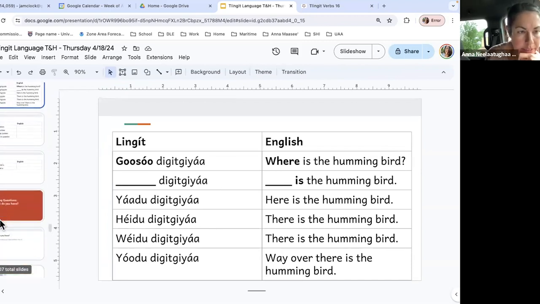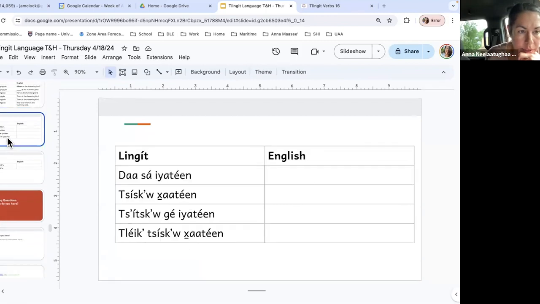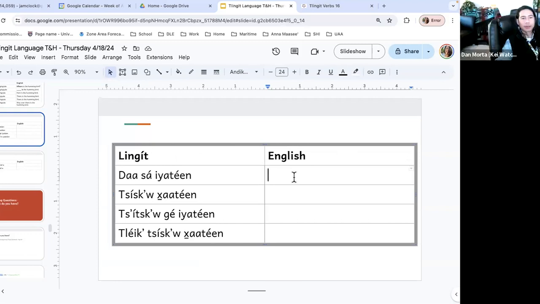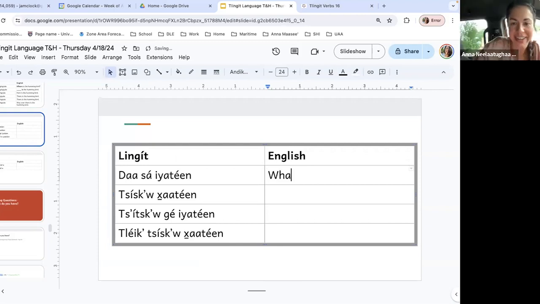Okay. Let's see, we've got 5 minutes left. Let's do a little more practice with the sentences we drilled. So how would you say in English, da sa iatin? You see. What's that? What do you see? Yeah, good. What do you see? And then what is tsisk khatin?